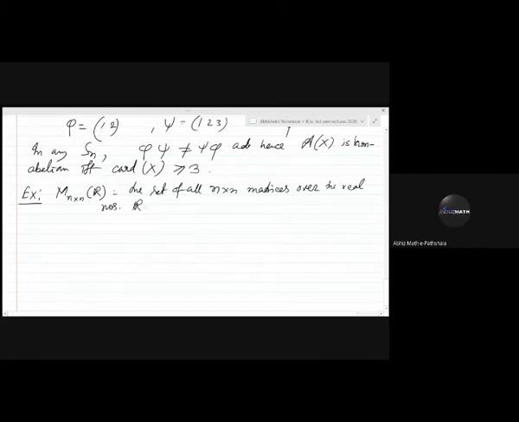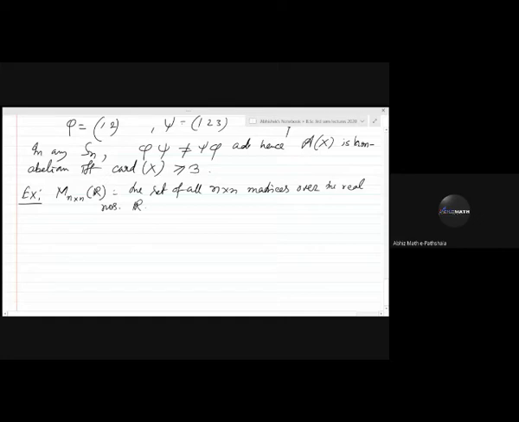But now if we move to the operation multiplication, then we can find two matrices which do not satisfy the commutative property.